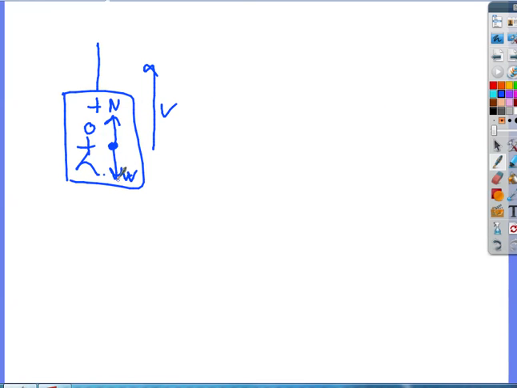Any force pointing opposite to the direction of motion will be considered negative. So I'd write this version of the problem out as N minus W. It's the velocity, not the acceleration. Be very careful with that. The acceleration, we're going to follow the same rule. The forces in the direction of motion will be considered positive, opposite, negative.